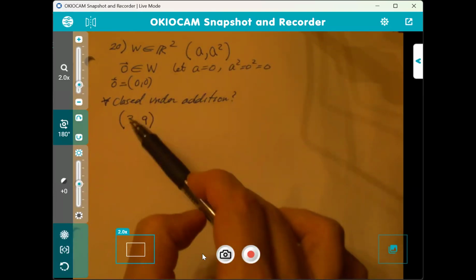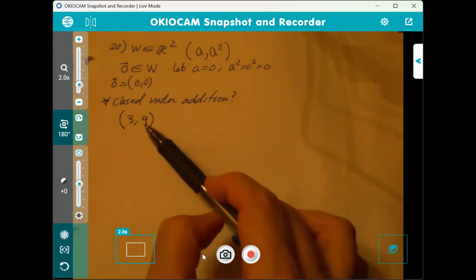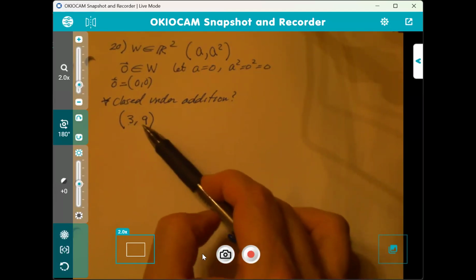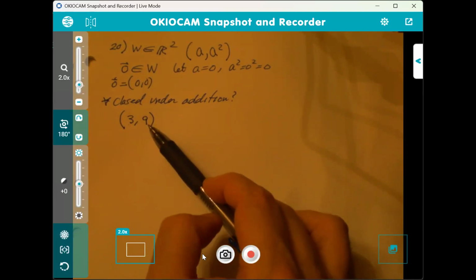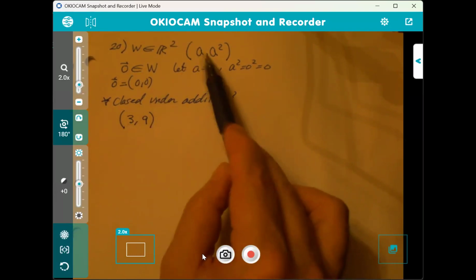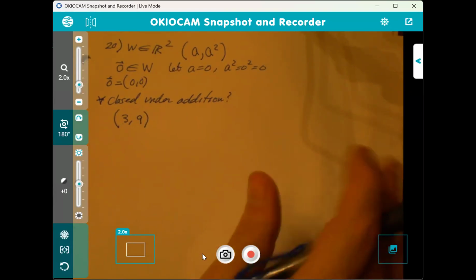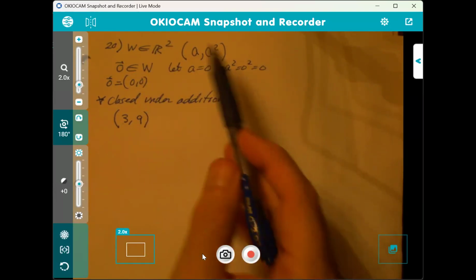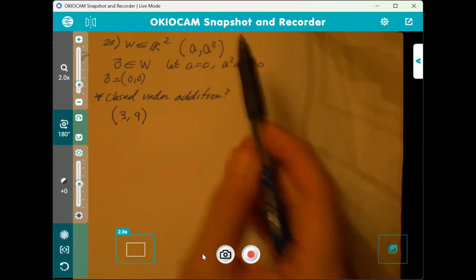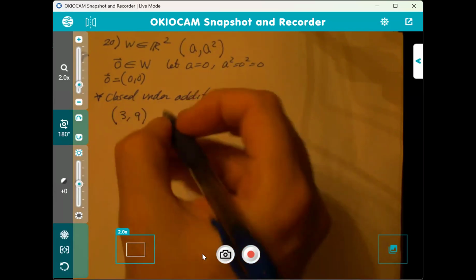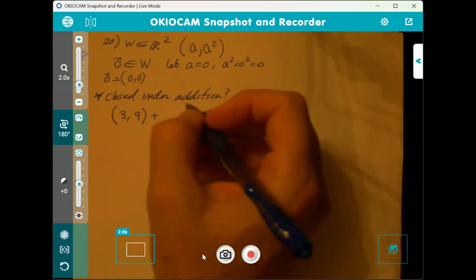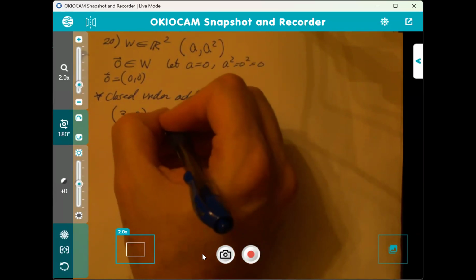So for example, he doesn't have 3, 7. He doesn't have 3, 8. He doesn't have anything but the square of the first. So 3, 0 is not in there, 3, 20 is not in there, but 3, 9 will be there. Because remember, your parent vector space has all real numbers for the first, all real numbers for the second. He's just being selective.